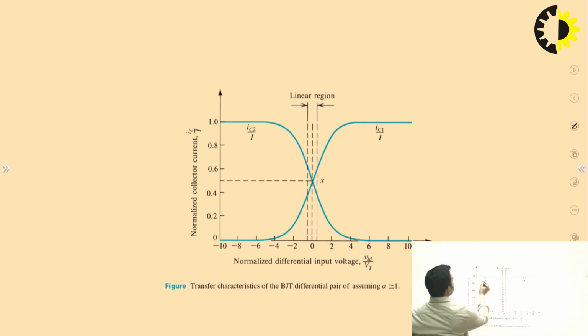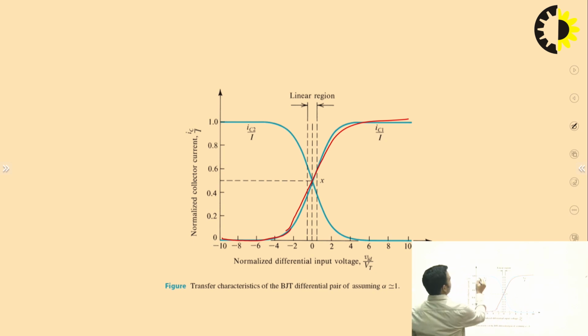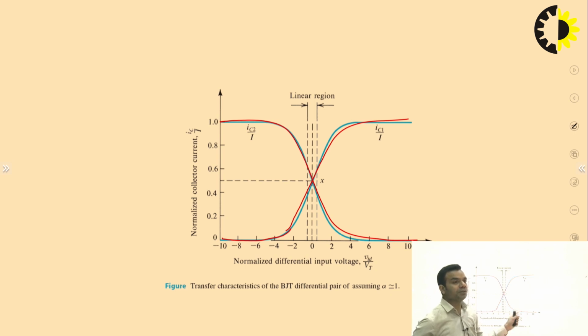For IC1, initially it will be small, and when you keep on increasing the voltage VID upon VT, it will increase like this, and IC2 it will be like this. Actually, these are the characteristics of the differential amplifier. This is how the differential amplifier will behave when you apply the input.